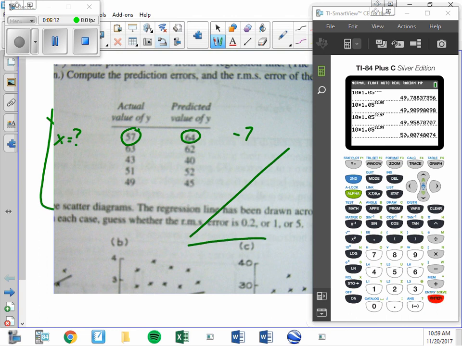But for this particular x value, we expected 64, but the actual point was down here at 57, which means we were 7 below the prediction. Well, your error for that value is -7. What is the error for the next value? +1. What's the error for the next value? +3, +1, and +4.